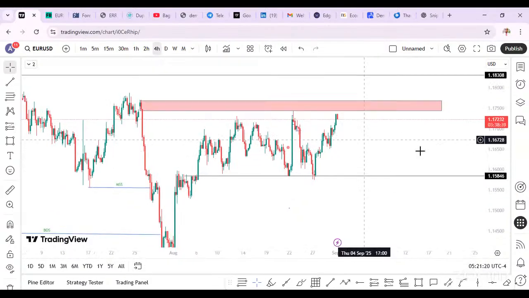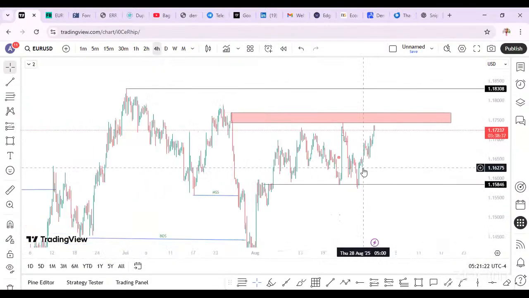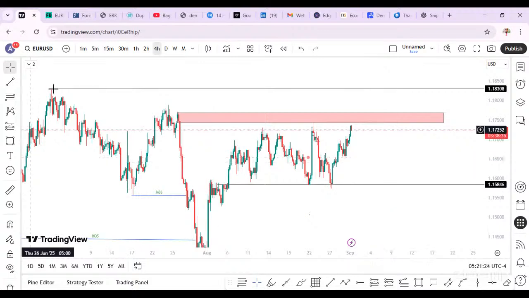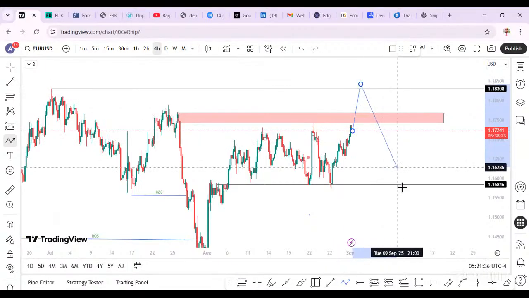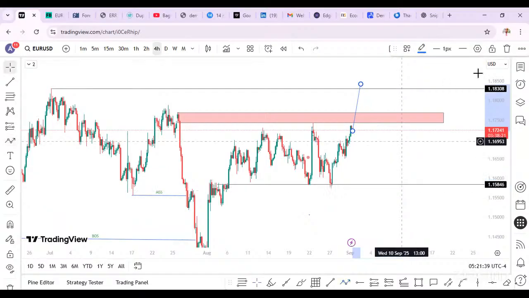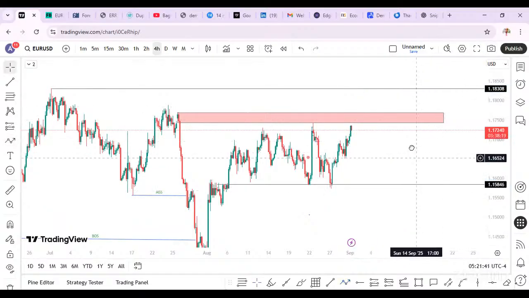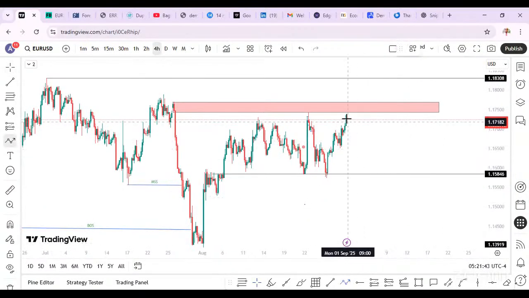I really want to see the kind of movement on Euro USD. If price starts to break up, let's see what will happen around there, whether there will be a liquidity sweep that will put price back.